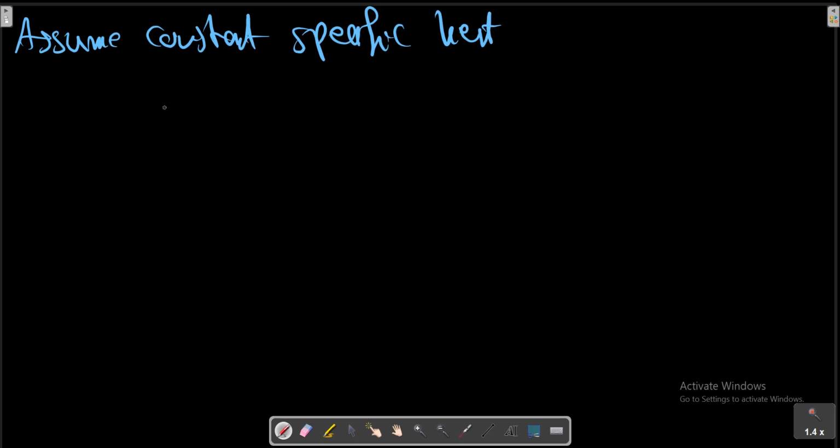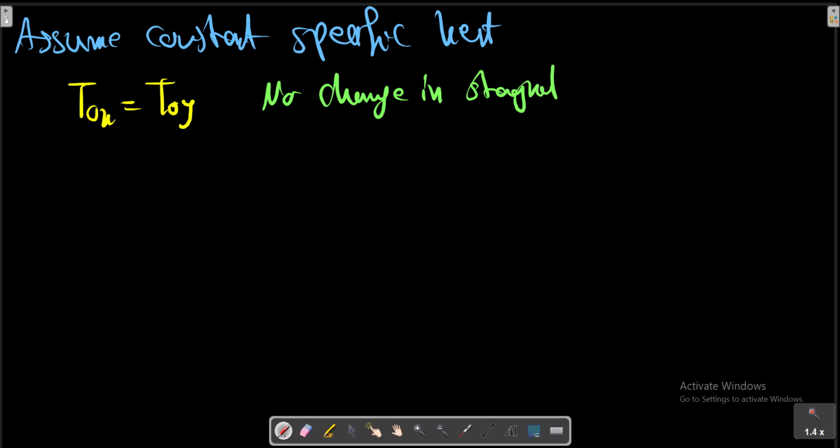The energy equation gives us this relation: there is no change in stagnation temperature across a normal shock.